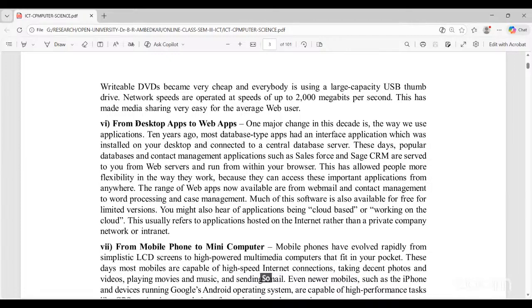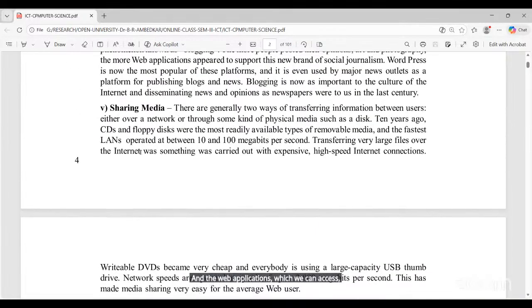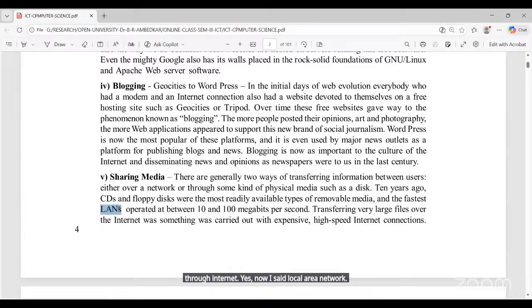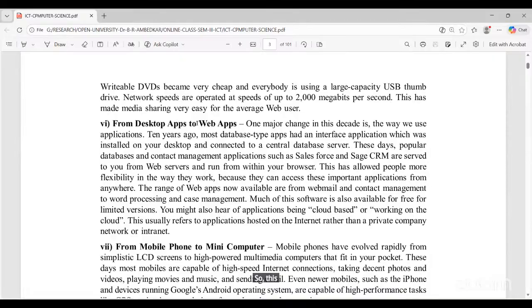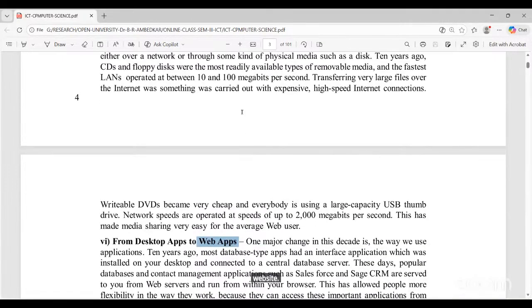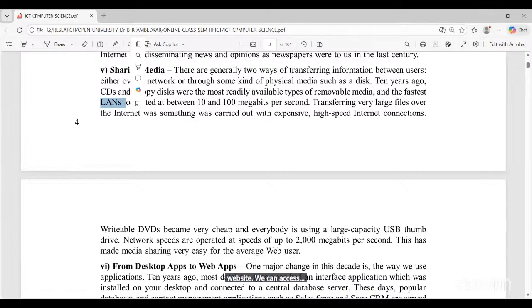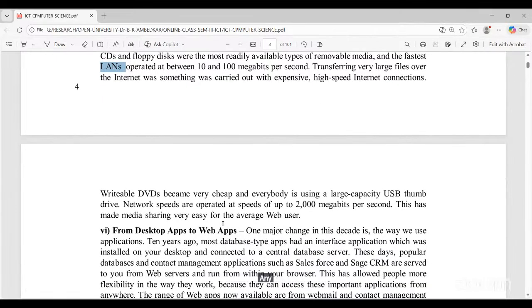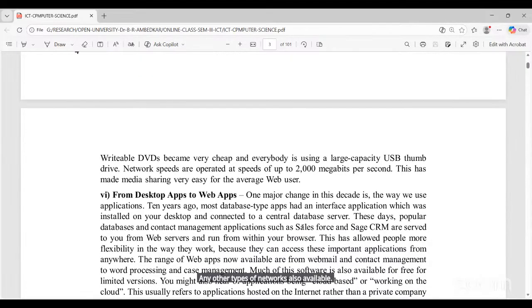Those are called desktop applications, and web applications are those which we can access through the internet. Web applications, in short, we can call websites. Websites we can access over a local area network, or over other types of networks, such as a wide area network.